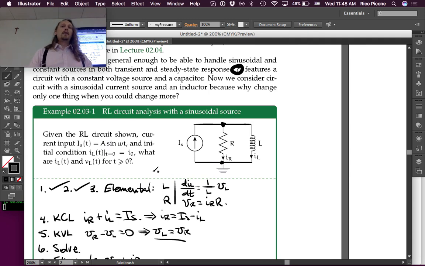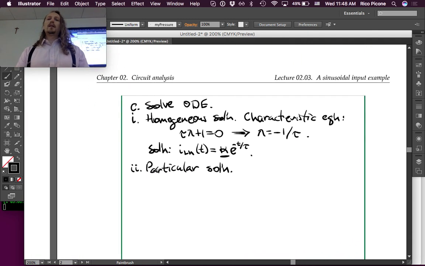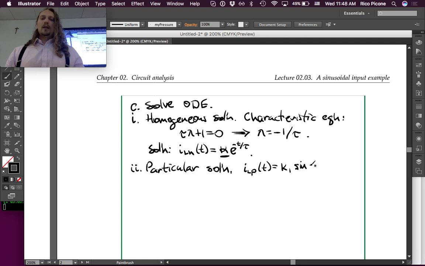So the assumed form is actually going to be, I'll give you the little preview here, i_L particular of t is equal to K1, I want to make sure I use the sine and cosine definitions the same. Okay, K1 sine omega t plus K2 cosine omega t.